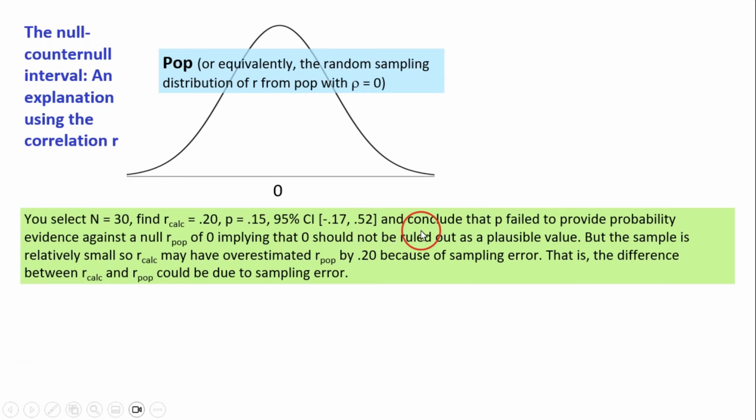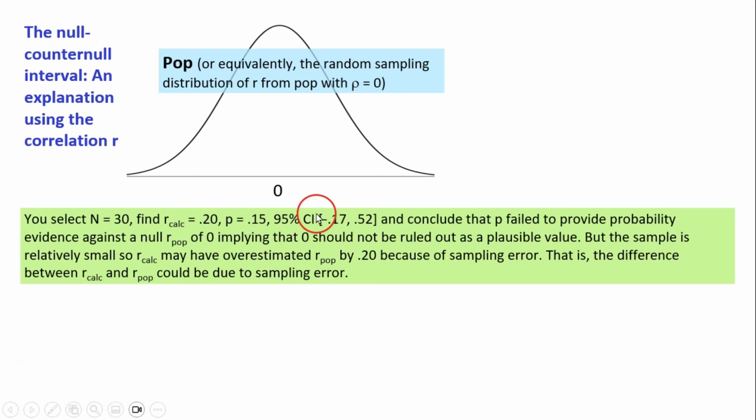And you conclude that the p-value fails to provide probability evidence against a null R population of 0. Okay, and the reason why is because remember 0 is in that interval. 0 is a plausible value here. So you can't rule out the notion that this R calc is essentially 0.